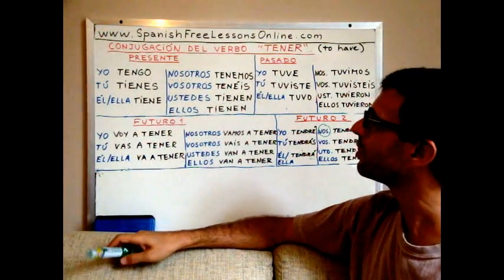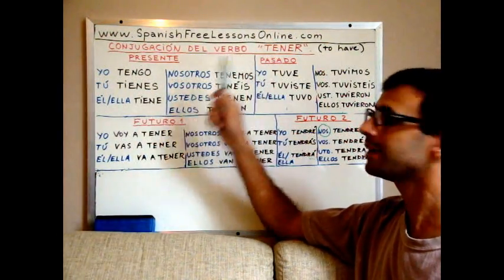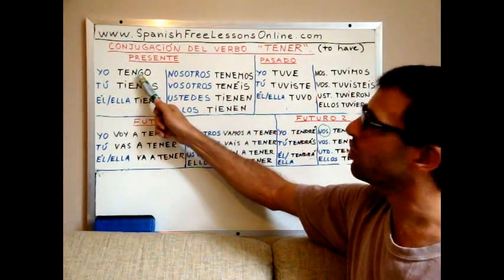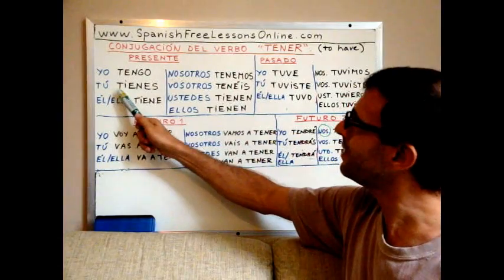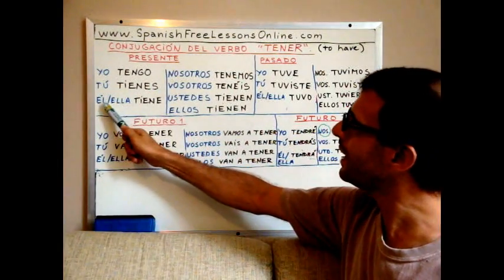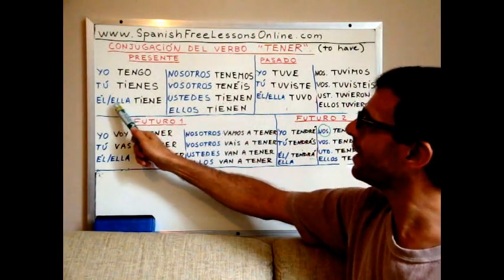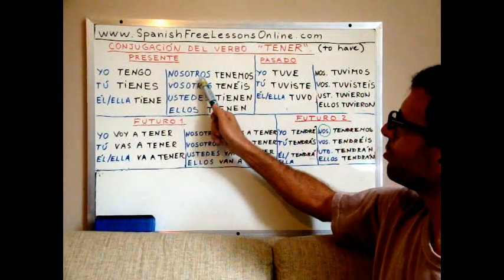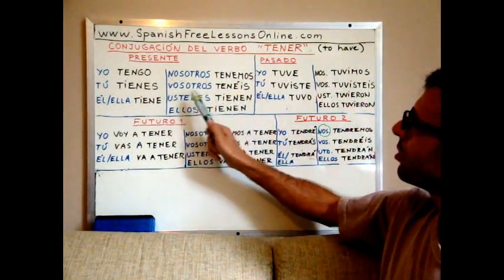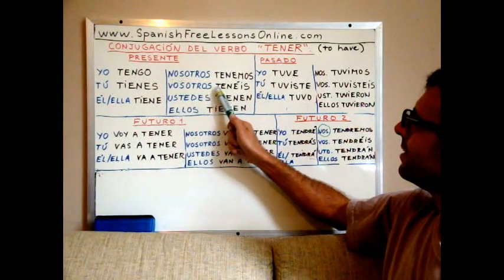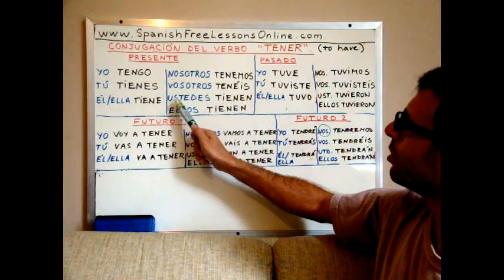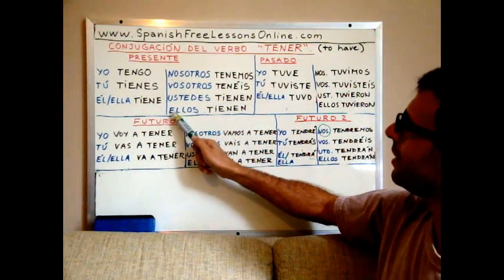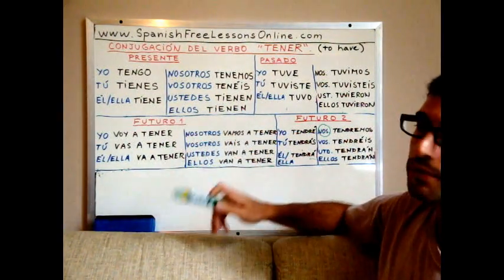Now let's start with the conjugation of verb tener in present. Yo tengo, tú tienes, él tiene, or ella tiene. Nosotros tenemos, vosotros tenéis, ustedes tienen, ellos tienen, right?